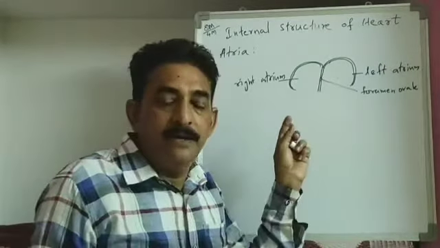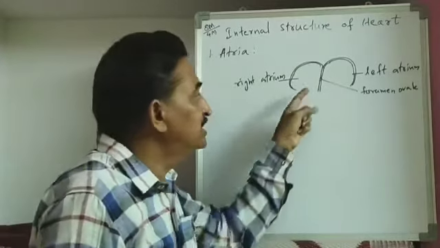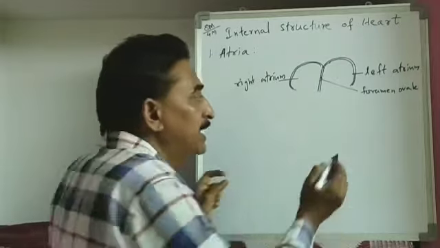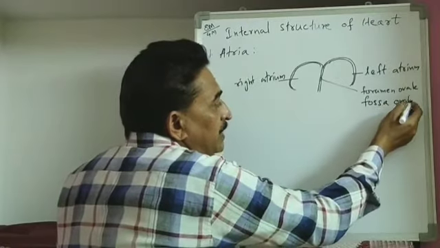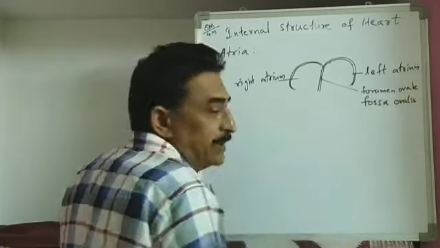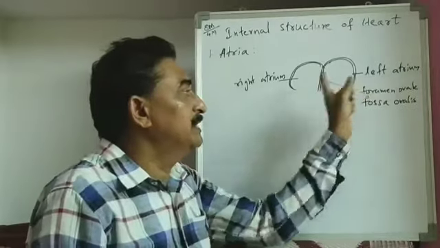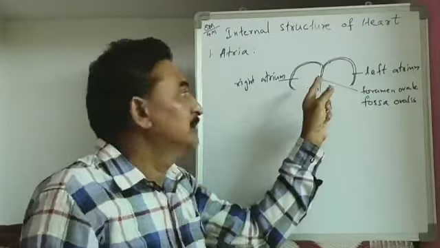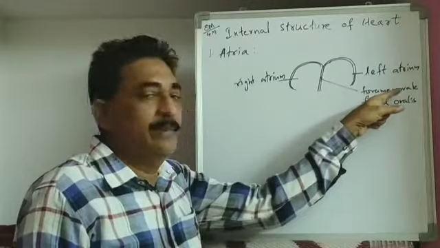At the time of birth, when lungs become functional, this foramen ovale disappears and a fossa ovalis is formed at the foramen ovale place. That means foramen ovale disappears gradually and a notch-like, pit-like structure appears at the place of foramen ovale.